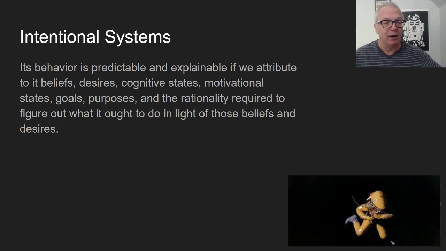And as systems get more and more complex, you have to use more and more purposeful, intentional language in order to successfully describe what they're doing. And descriptions at other levels won't work as well or won't work at all. Describing what HAL's doing at the molecular level won't help us much, or at the chemical level or the programming level.